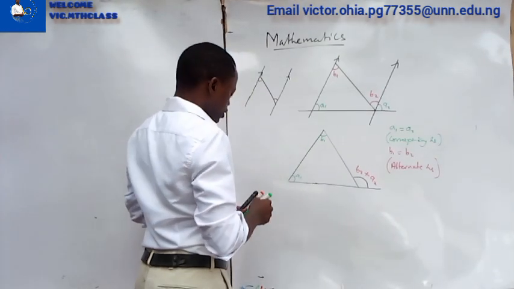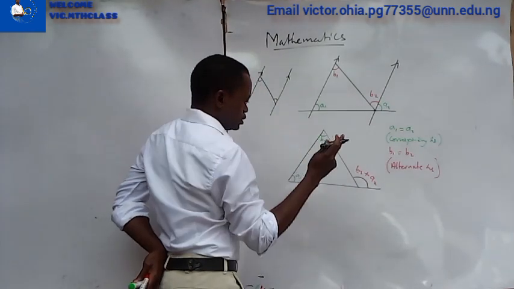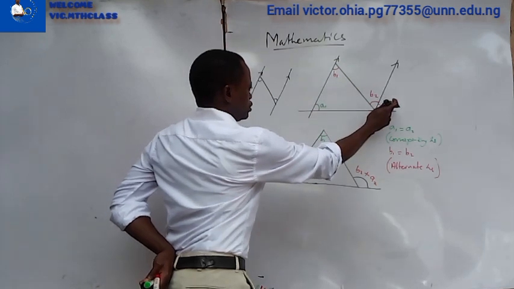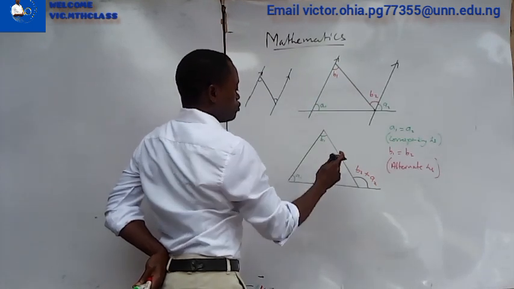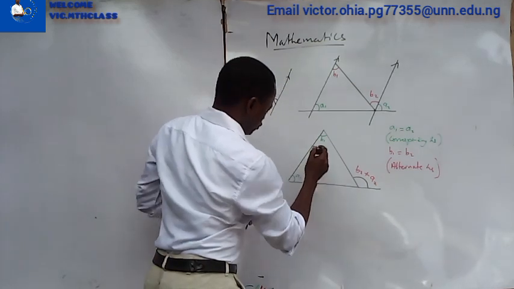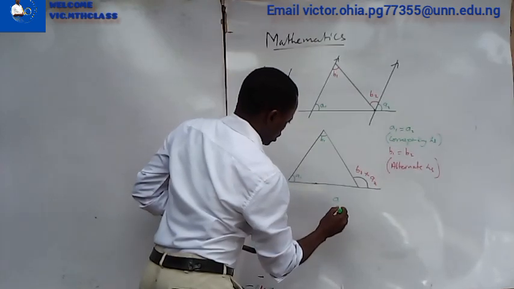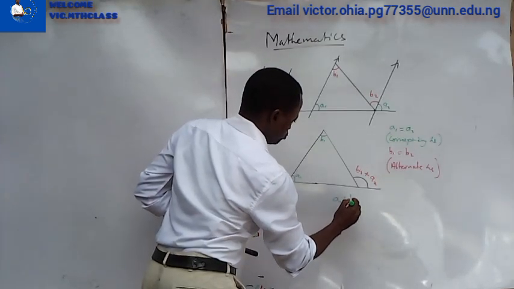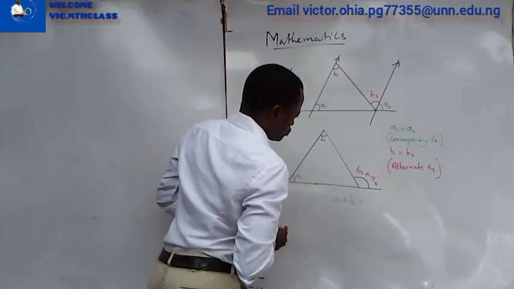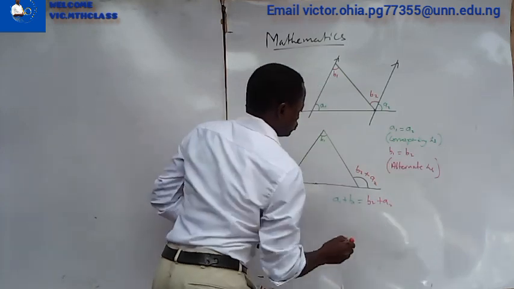So you realize that if we have said that this and this are equal, and this and this are equal, obviously we are saying that from here this angle A1 plus this angle B1, they are equal to the angle we have outside here, B2 plus A2.